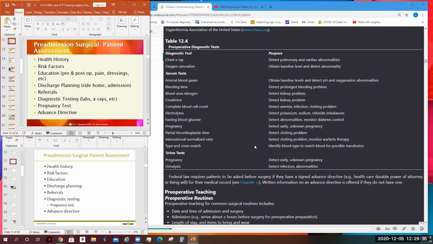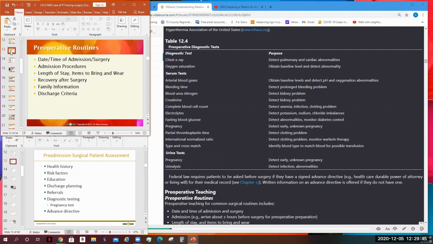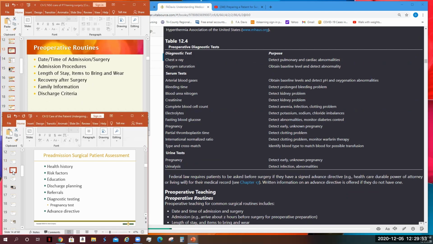Table 12.4, preoperative diagnostic tests. Chest x-ray: the purpose is to detect pulmonary and cardiac abnormalities. Oxygen saturation is to obtain baseline level and to detect abnormality.